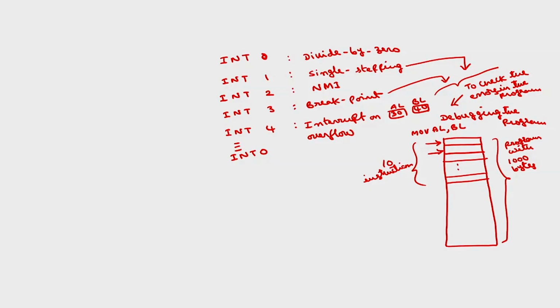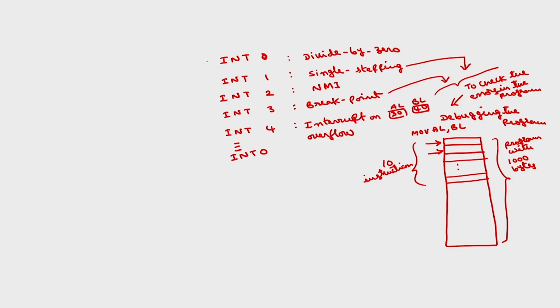If the result is beyond this range, the overflow flag will be set, and automatically the microprocessor will be interrupted and jump to the location computed using the procedure I have just described. This is about INT4.